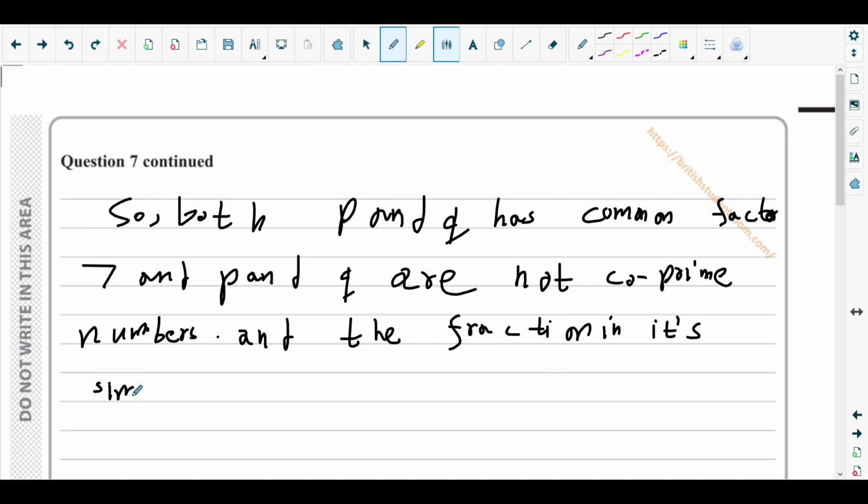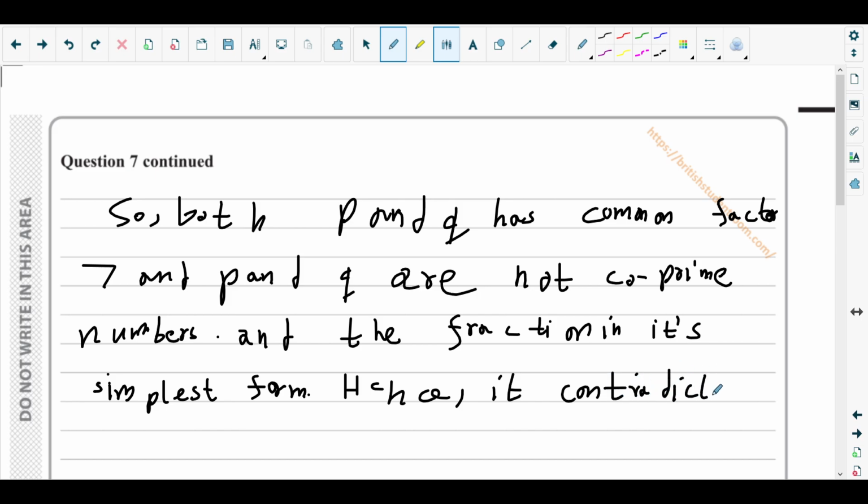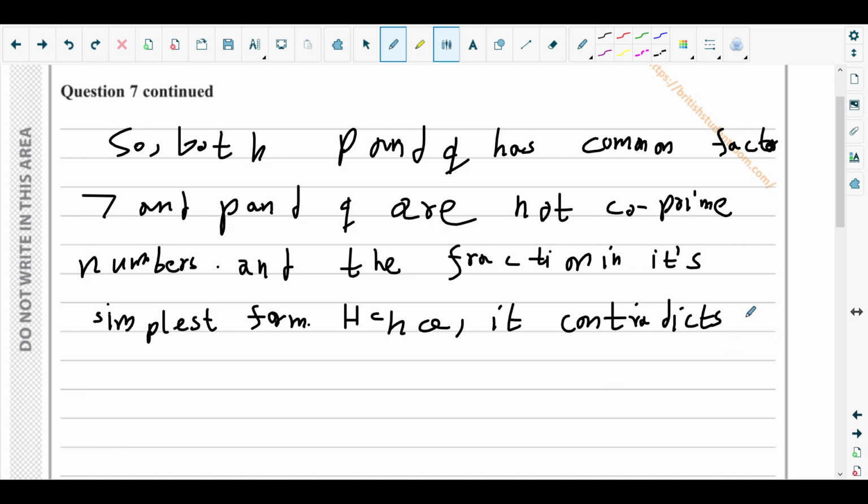Since P and Q are not coprime numbers. So this approach is totally contradicting our assumption. Hence it contradicts our assumption.